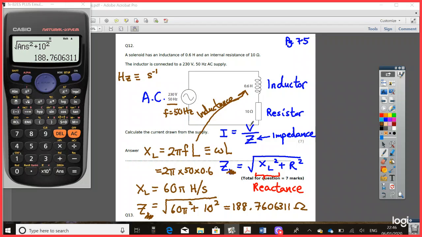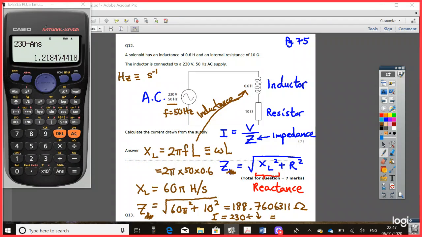Now we just have to do 230 divided by 188 point something. So the current is equal to 230 divided by the answer above, which gives 1.218 amp.